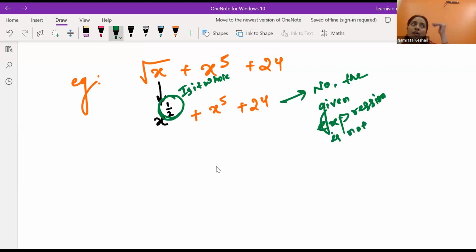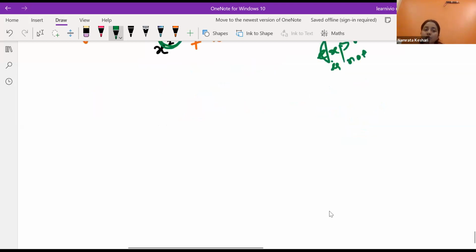Whenever an algebraic expression is given to us, we will not quickly make the conclusion. We will think about whether we can write it in exponent form or not. I'll be explaining this rule in the first chapter, but here also I'm explaining that anything inside the square root sign can be written in exponent form.